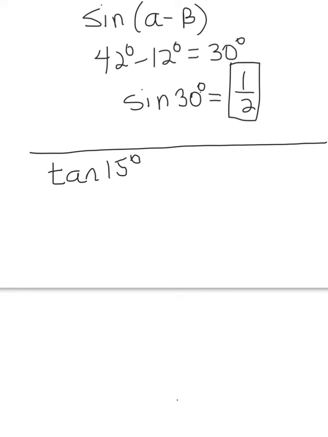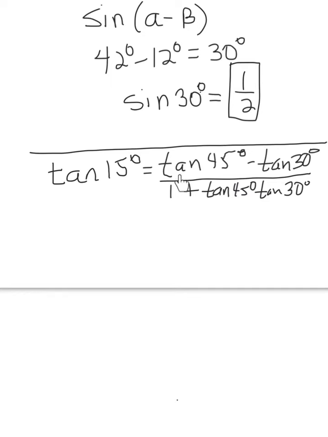What two angles do we have in quadrant 1 that will add or subtract to give us 15 degrees? Well, 15 degrees is a small number, so we're probably going to have to subtract. And I'm going to assume that we probably should use 45 and 30. What do you think?